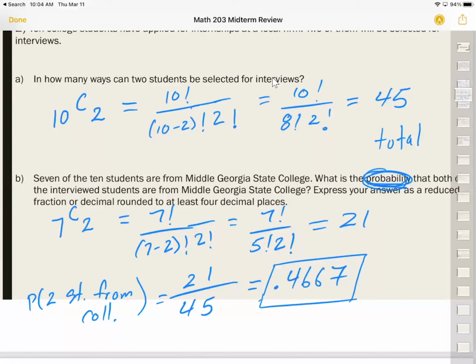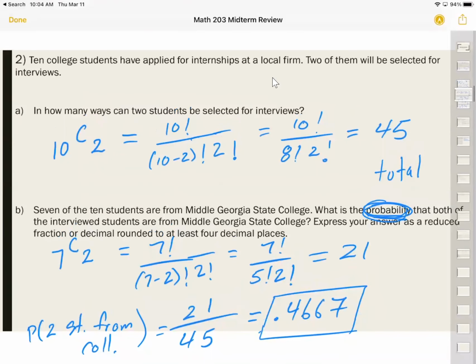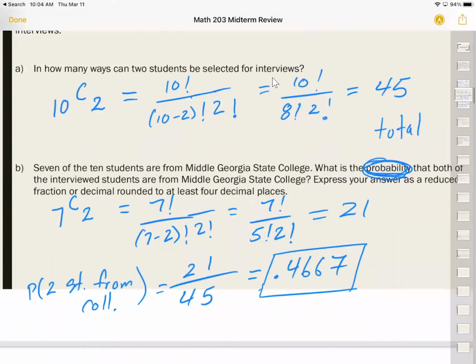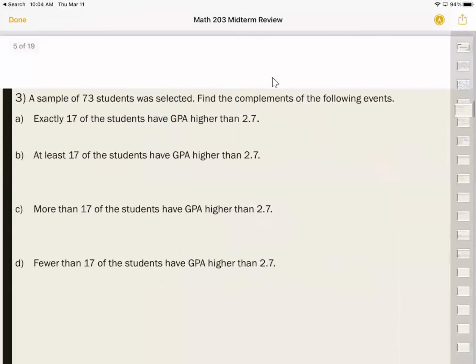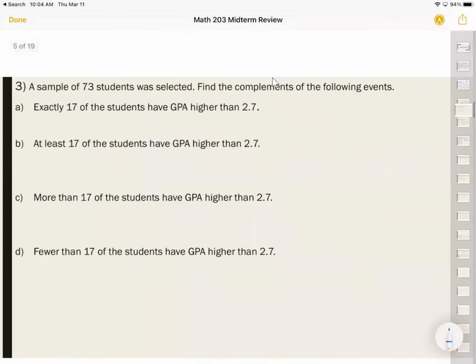Any questions with this in terms of number 2? And let's take a look at number 3. Since we're at chapter 5 and this relates to chapter 5, that's why I took this out.